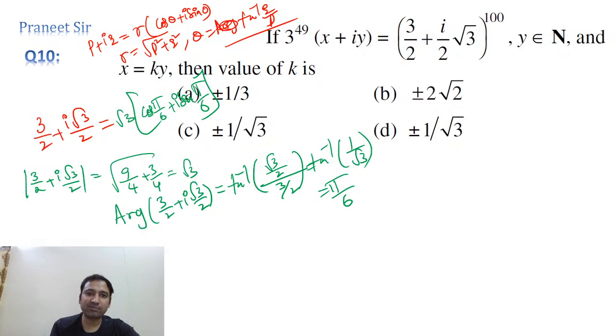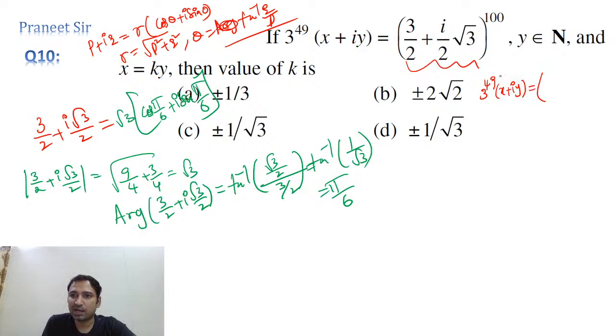So now what we can do is, whatever he is giving, in place of this we can substitute root 3 into cis pi by 6. So let's simplify this. 3 power 49 into (x + iy) is equal to root 3 whole power 100, and cis pi by 6 whole power 100.